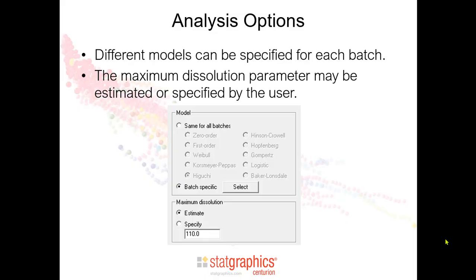When the Analysis Options dialog box appears, you specify the models to be fit to each of the batches. You can use the same model for all of the batches, or specify specific models for different batches by pushing the Select button. You also indicate whether the maximum dissolution parameter should be estimated from the data or specified by the user.